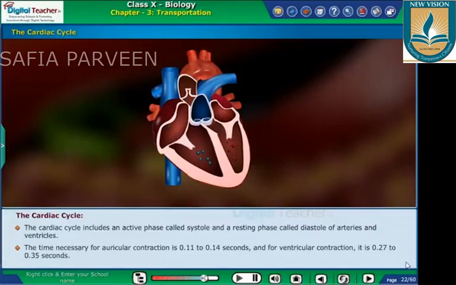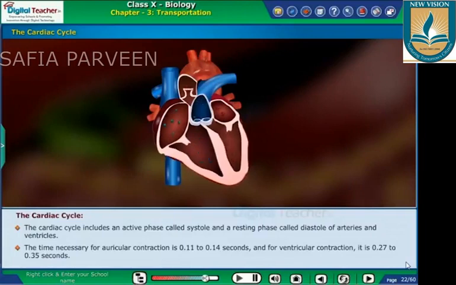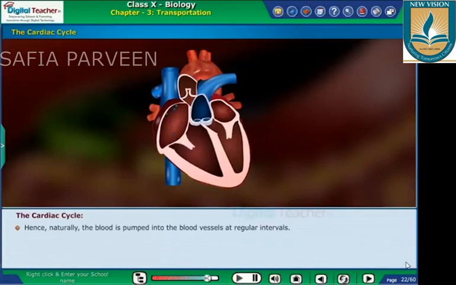Auricular contraction takes 0.11 to 0.14 seconds to complete, and ventricular contraction takes 0.27 to 0.35 seconds. Whereas joint systole, that is auriculoventricular systole, takes 0.4 seconds to complete. So, blood is pumped by the heart at regular intervals.